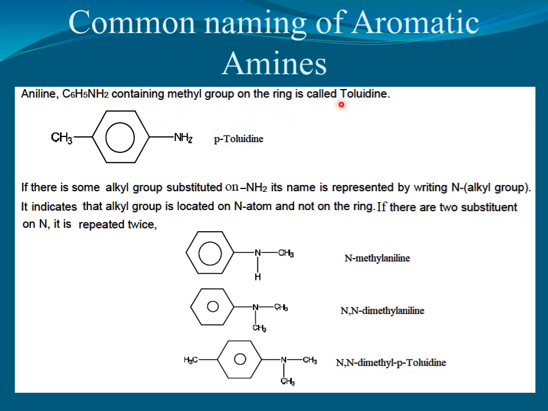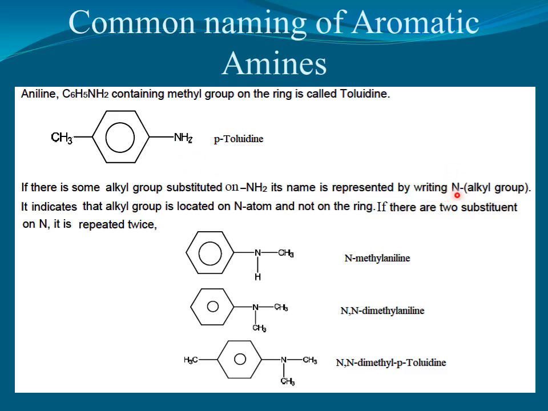A combination of toluene and aniline is called toluidine. Since in this compound both of these groups are at para position to each other, it is called para-toluidine.